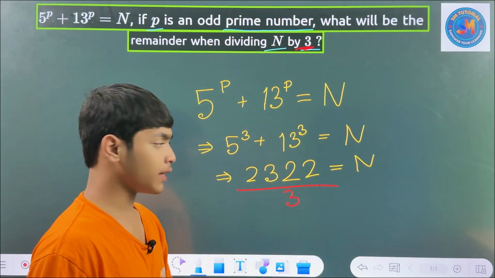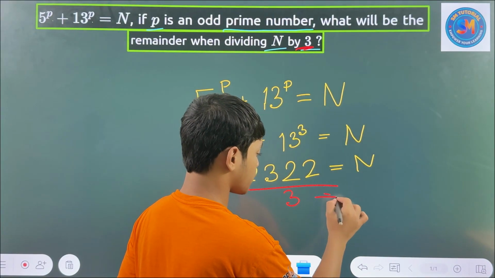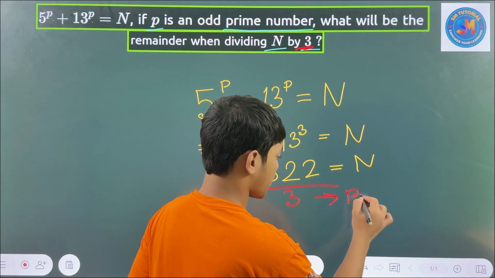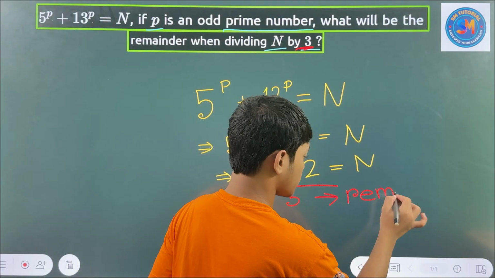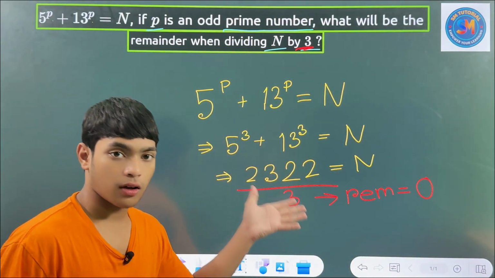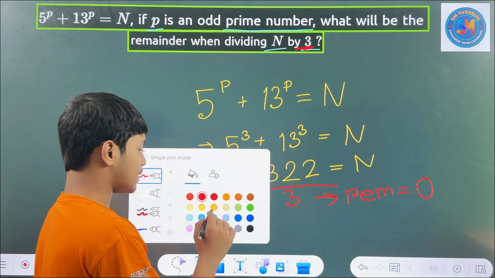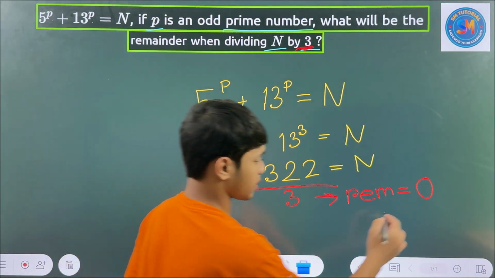So I'm writing here remainder equals 0, because this is divisible by 3. Okay, so the remainder is 0, and this is our final answer.